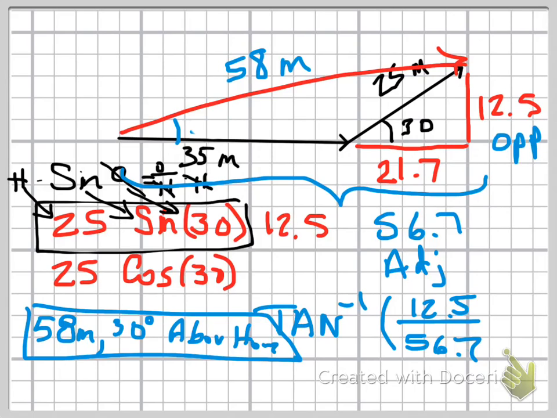Instead, it's going to be 12.43. So I'll round that up, just round it off to 12. 12 degrees above horizontal.